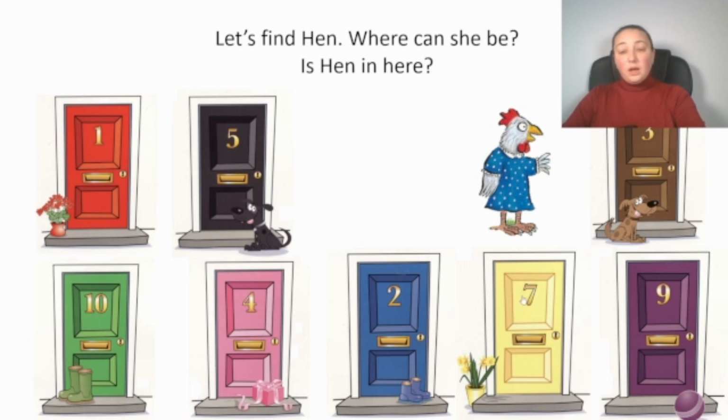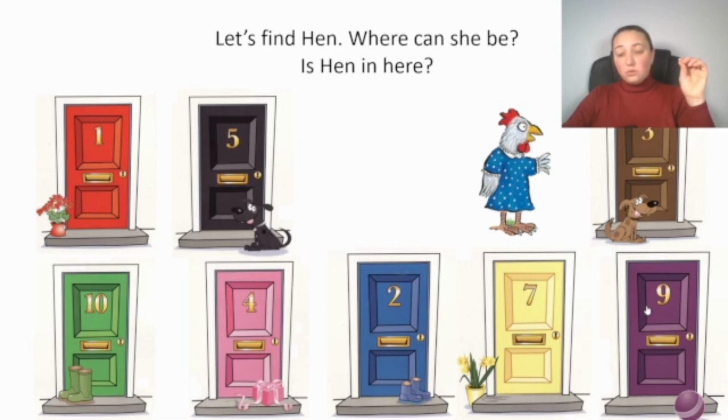Yeah, so we can modify this game if we want to recycle another treasure chest item. For example, who's behind the brown door? Then we need to choose some animals from the book and put each animal behind one door.